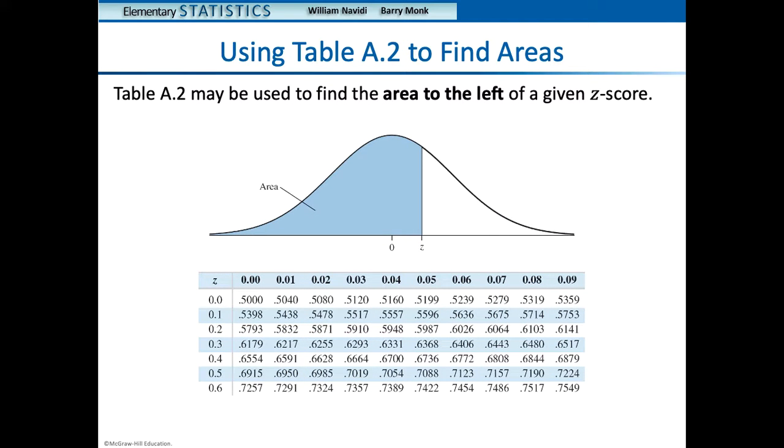The table for finding areas under the normal curve is located in the appendix of your textbook. If you have the physical copy of the textbook, you can just flip to the back and it's there. If you're relying on the electronic version, one of the easiest ways to access it is to open up a homework assignment in Connect Math.